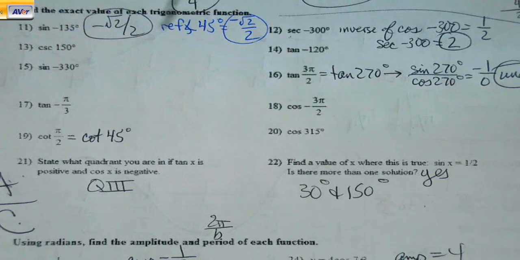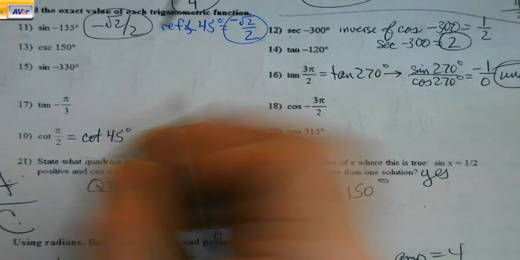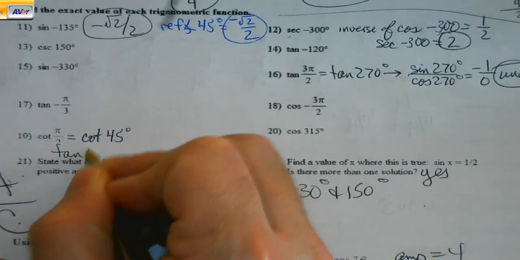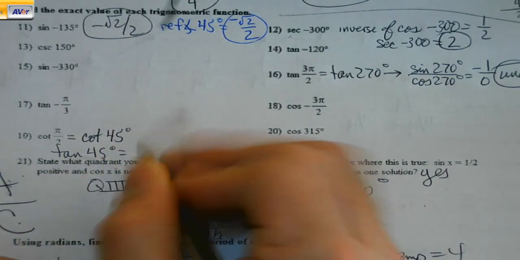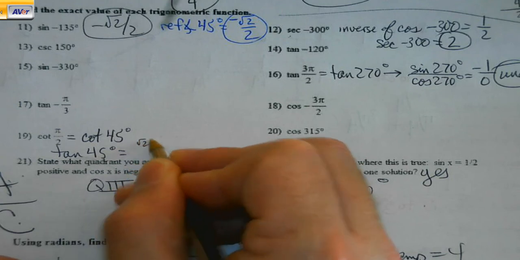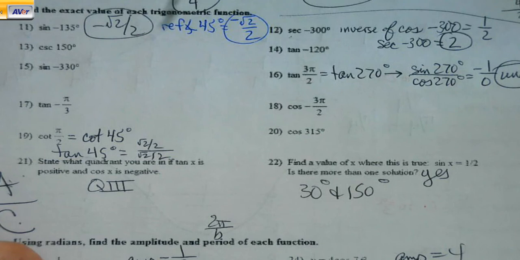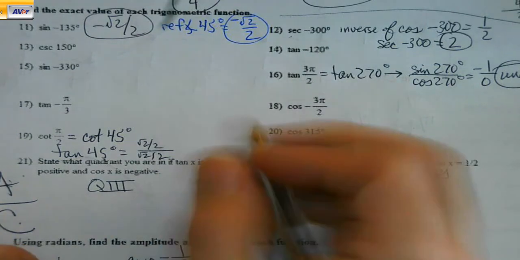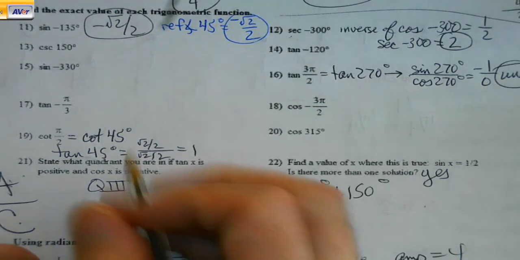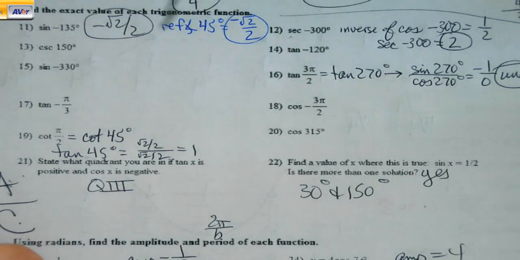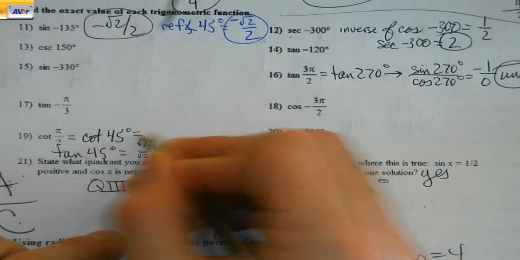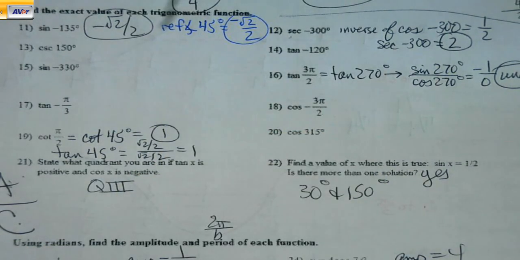So, whether I take the tangent of 45, which is square root of 2 over 2 divided by square root of 2 over 2, I wonder what that is. 1. Okay, cotangent. Oh, wait a minute. I just took the exact same thing and flipped it over. It's still 1.